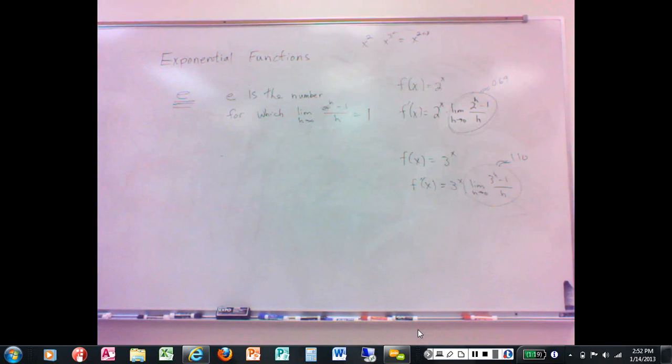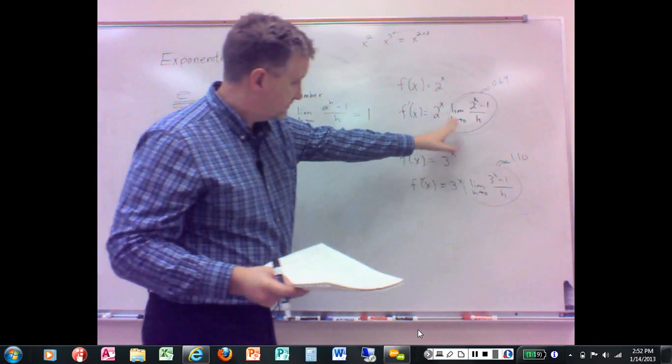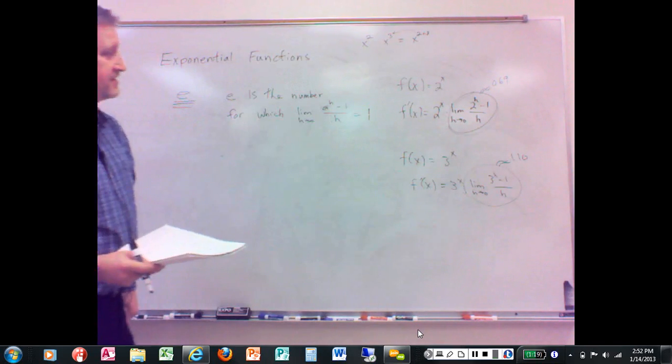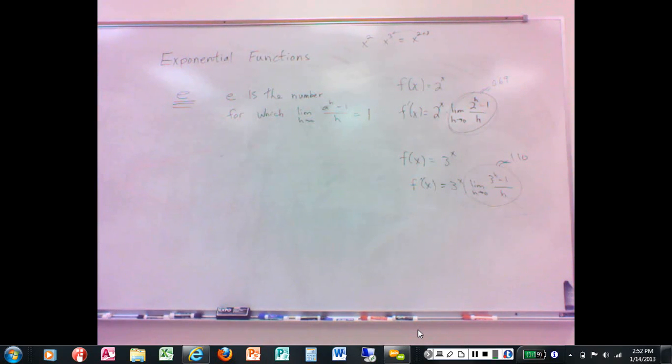That's how e is defined. You may have seen e defined different ways, but e is the number for which that limit that we had, where we got 2 and 3 as the base, is equal to 1.